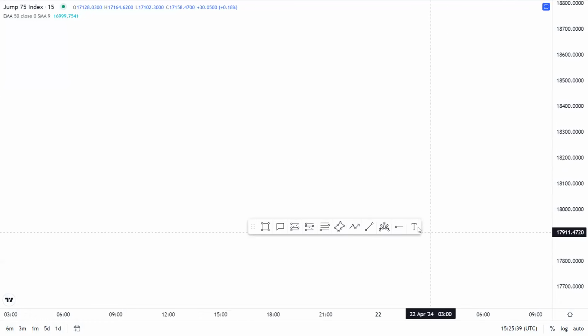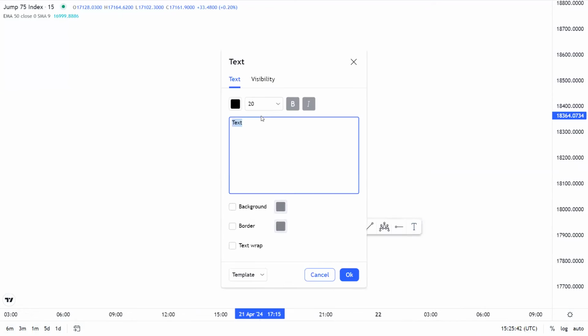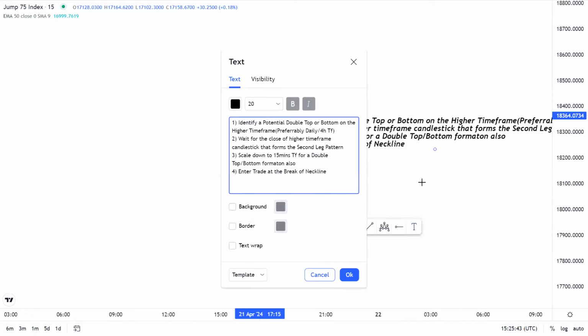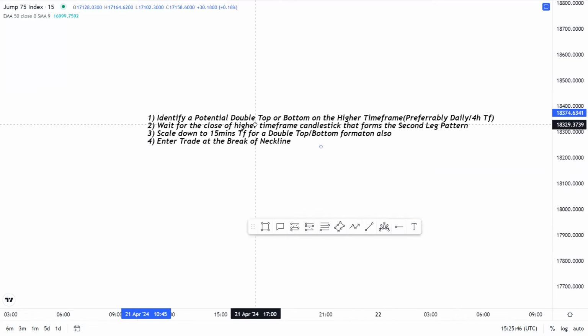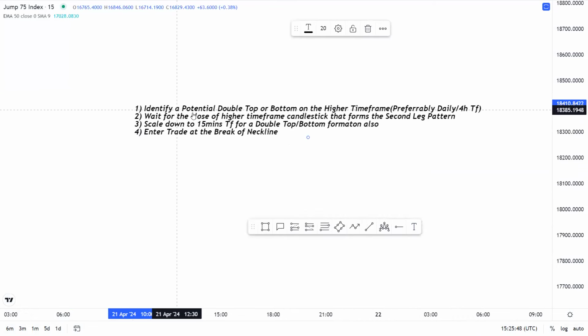Now, what this strategy entails, as you can see, I've put this in a list of chronological order. What we have, the first thing you need to do.